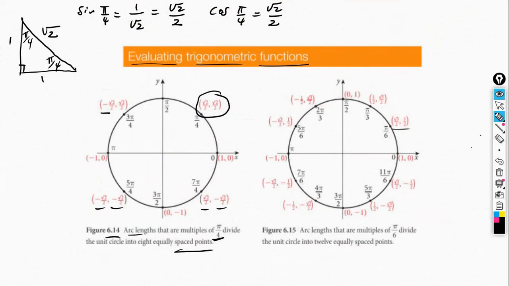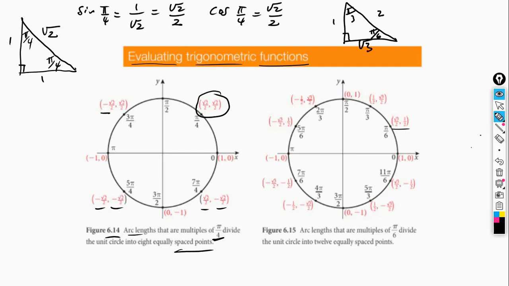We also have another special right triangle, which is the 30-60. So notice that if we draw a right angled triangle, and we say that this angle here is pi over 6, or 30 degrees, and this is pi thirds, or 60 degrees, we would also have fixed ratios for the sides. So this would be 1, this would be 2, and this would be square root of 3.